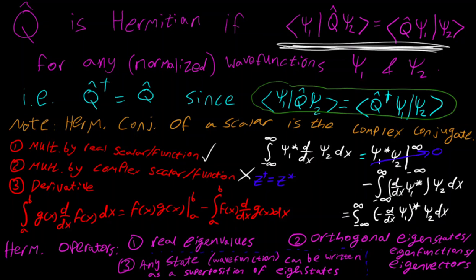And is this equal to d by dx psi 1 star psi 2? No, it's actually the negative. So you can actually even say that a derivative d by dx Hermitian conjugate is equal to negative itself. Right? So the derivative is not Hermitian. In fact, its Hermitian conjugate is negative of itself.